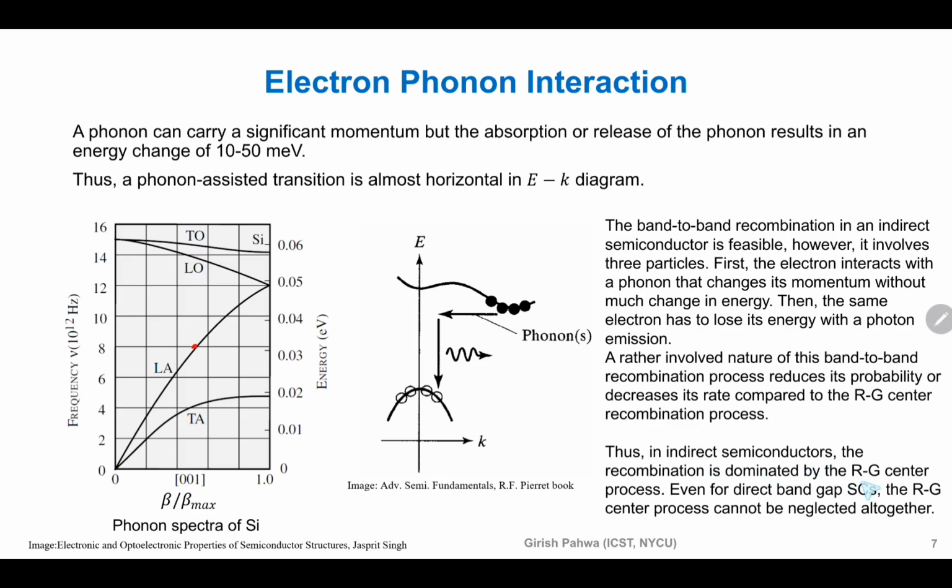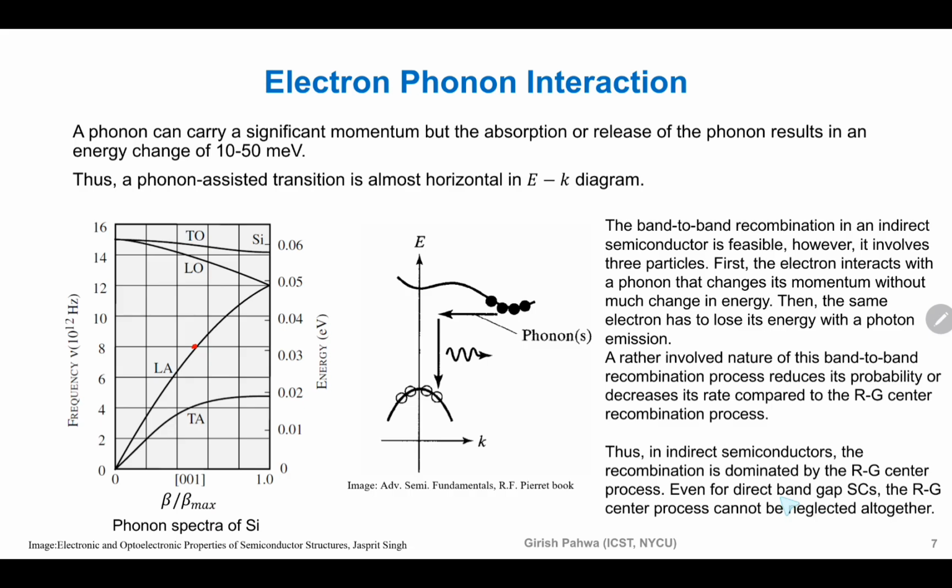So in an indirect band semiconductor, recombination will be dominated by RG center process. RG center means indirect recombination via some mid gap states, and in a direct one you have these direct jumps.